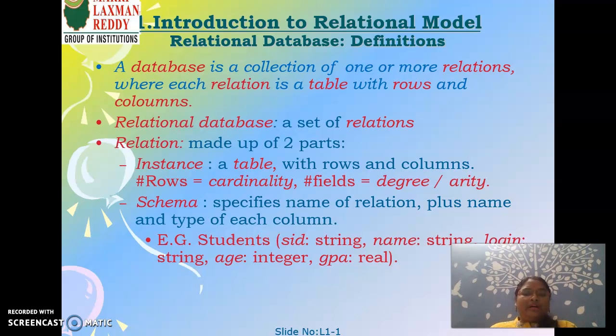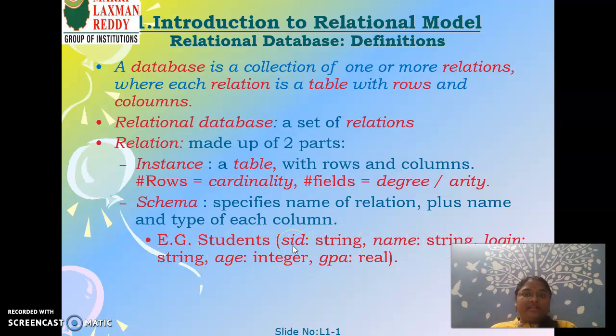So what then is a schema? A schema is nothing but the database design, that is, the name of your table and the attributes you have taken in your table. For example, the schema has been determined here: Students is your entity name and it has some attributes.